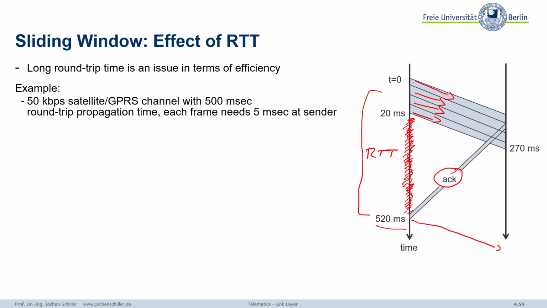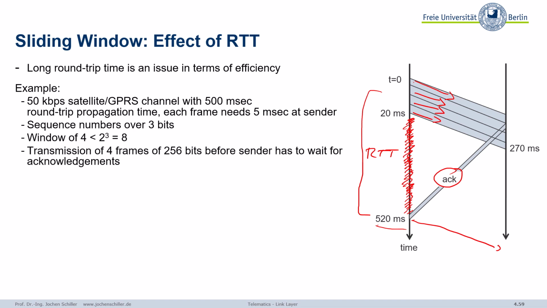So if we have, for example, a slow satellite or an old classical packet-oriented cell phone system with high delays, so it needs a certain time for the frame to be processed and sent, and we have a certain number of sequence numbers, a window. Then you see this example.